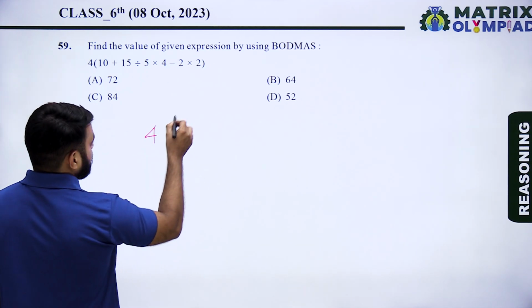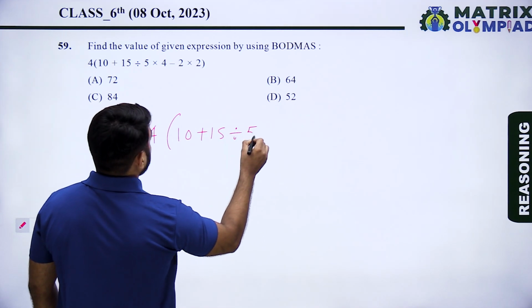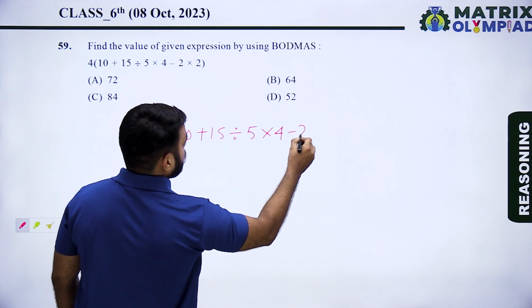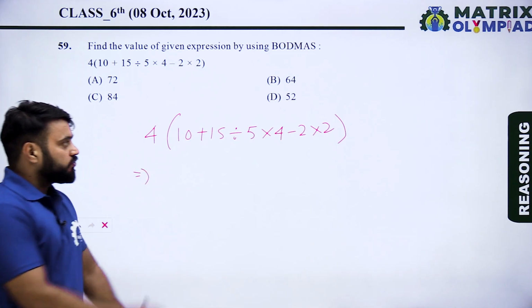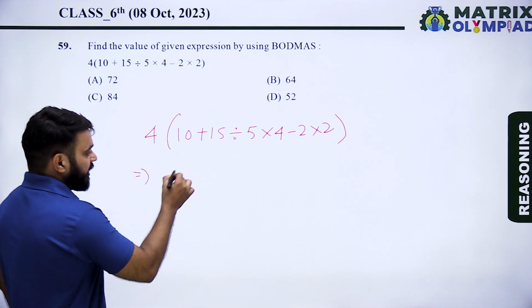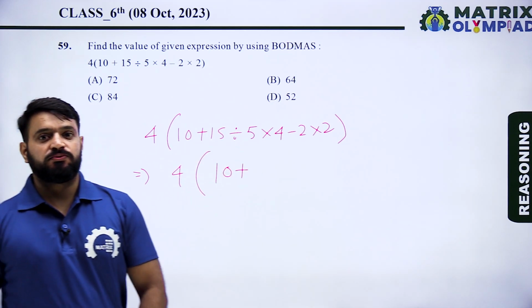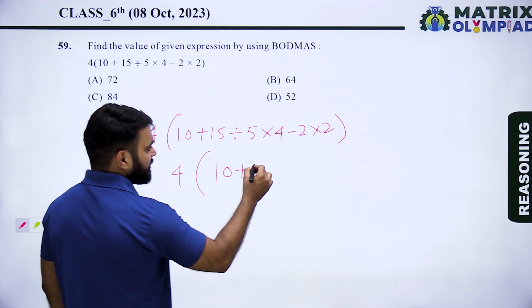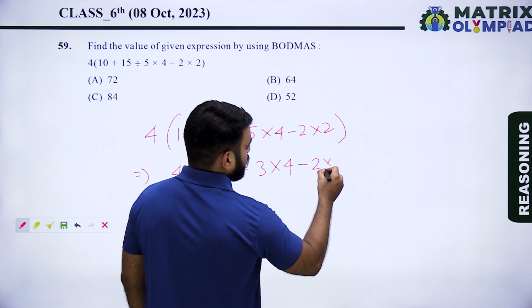The expression is 10 plus 15 divided by 5 multiplied by 4 minus 2 into 2. First solve the bracket. So the bracket means 10 plus 15 divided by 5. 15 divided by 5 means 3, multiplied by 4 minus 2 into 2.